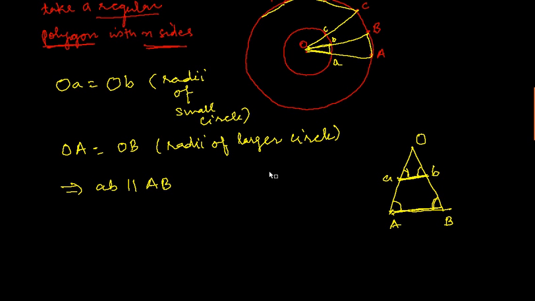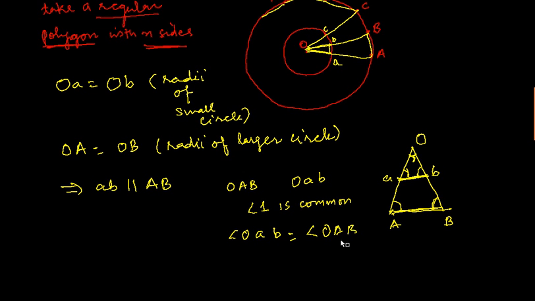Now consider triangle OAB and triangle OAB. You have this angle common, call it angle 1. Angle 1 is common. Angle OAB is equal to angle OAB, and angle OBA is equal to angle OBA.